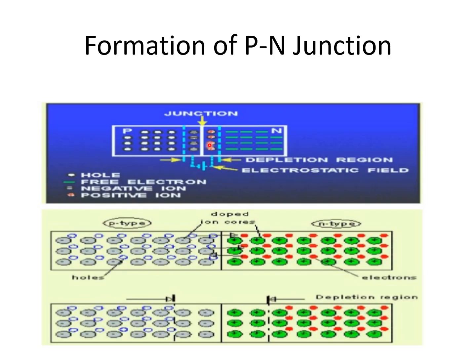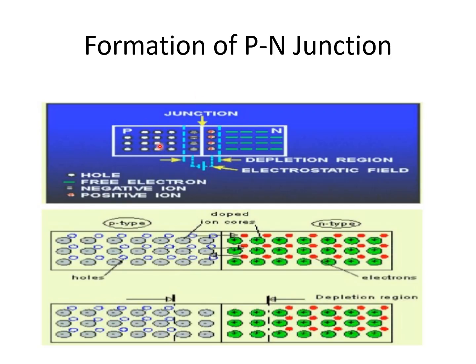So what will happen when we join P-type and N-type materials nearby? Now see here, this is the P-type material, this is the N-type material. We know that in P-type material the majority charge carriers are holes. In N-type material, majority charge carriers are electrons. See here, this is the junction. This is the formation of the junction, the P-N junction.